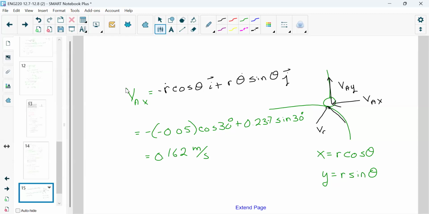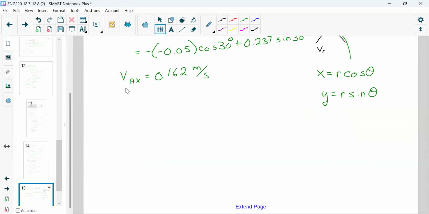All right, and then we're going to do the same thing for it in the y direction. We're going to have to flip them. So this is V sub x, right? V sub y. That one is then, oh, it's already negative. r dot sine of theta.